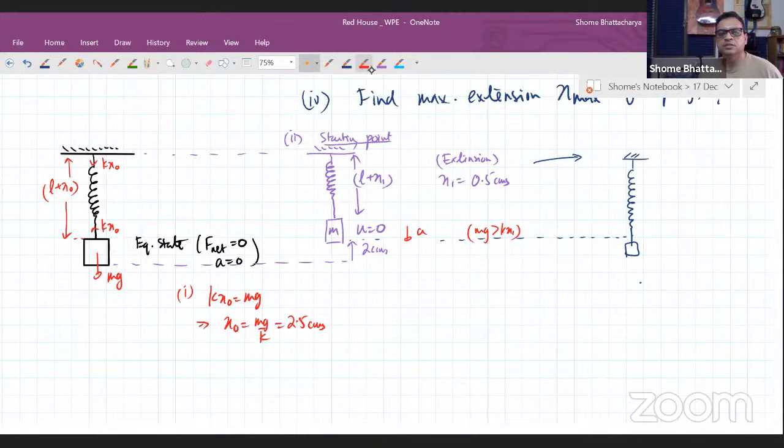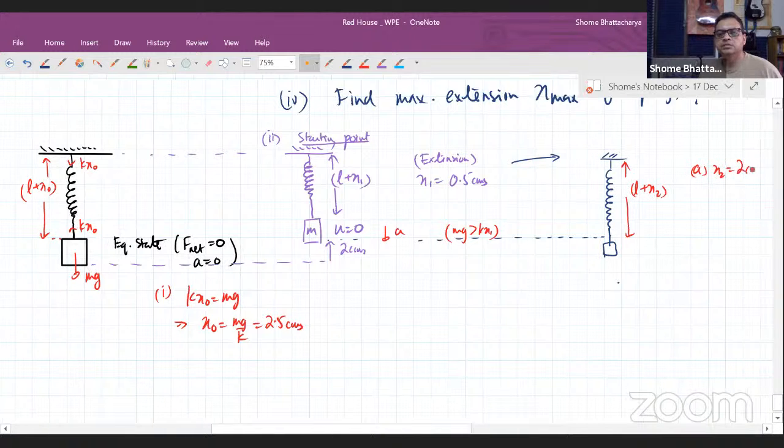So now what is happening? The state of the spring is at L plus x2, let's say, where for the A part we are taking x2 as 2 centimeters. Okay. So at this point of time, the speed of the block is some.